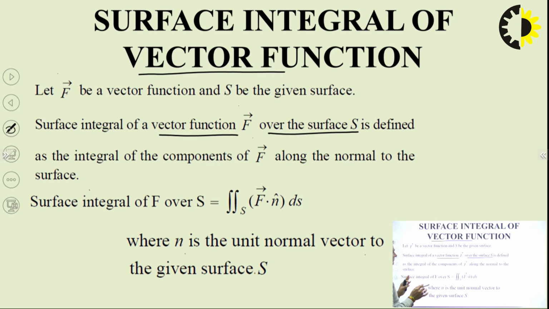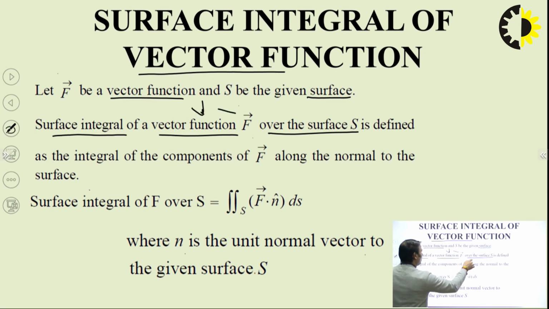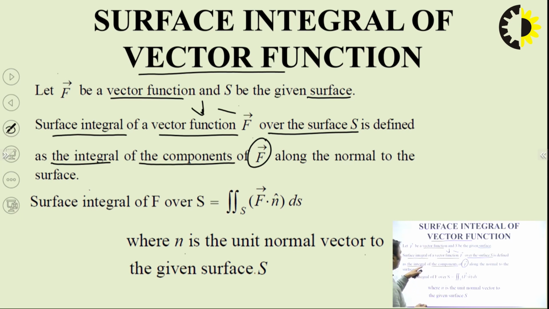Listen up, students, one more time. If we have a vector function over the surface S, then to calculate the surface integral of this vector f over the surface S, we get the integral of the component of f along the normal to the surface. If we get the component of f in the direction of the normal of the surface, then we can have the surface integral.